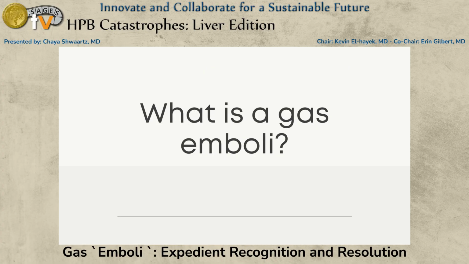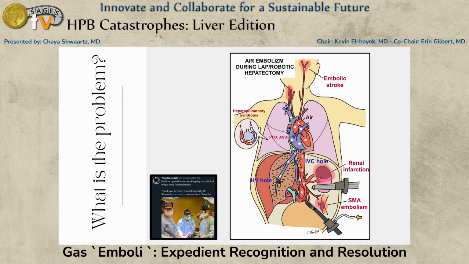So what exactly is a gas embolus? I have to give the credit for this to one of our previous fellows, Toro Goto, who is very talented and does all these paintings, and that's how we used to prepare for all our operating rooms. We used to have these kinds of pictures before every procedure.